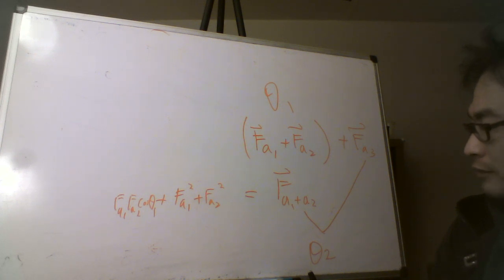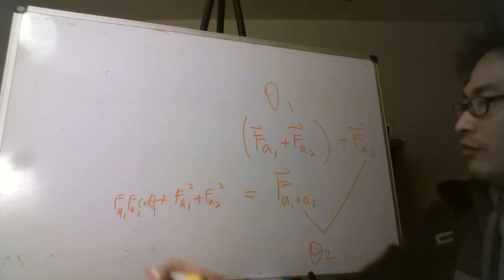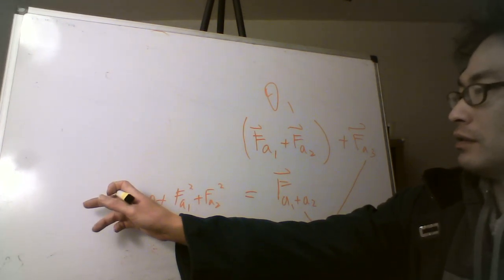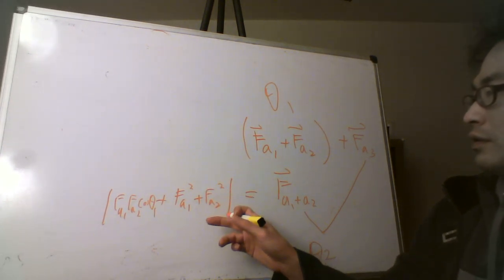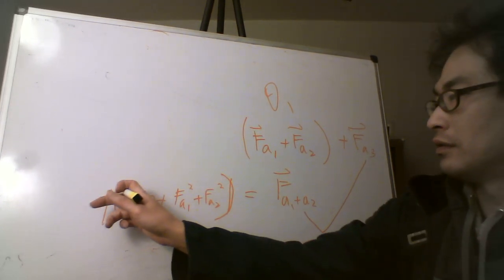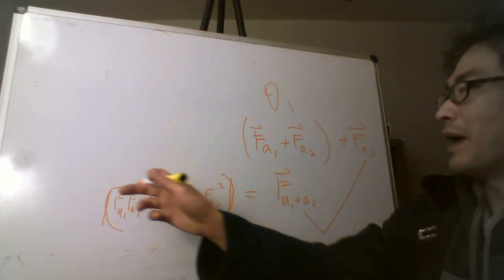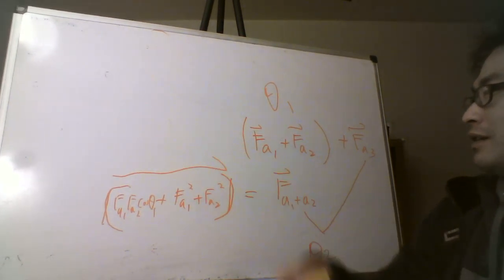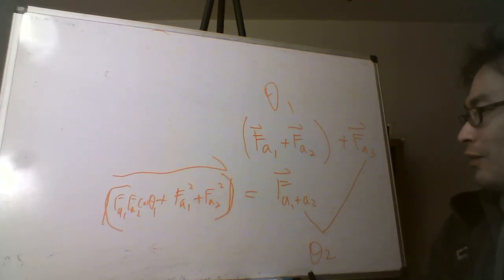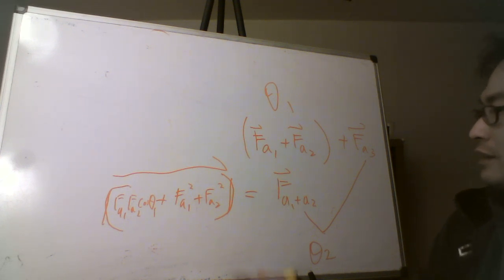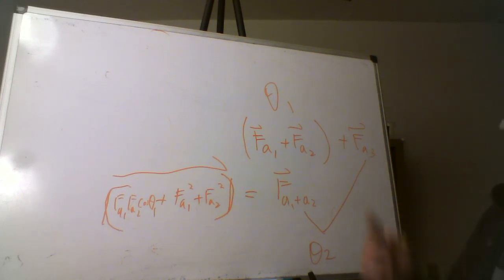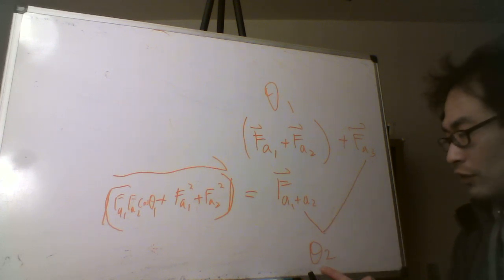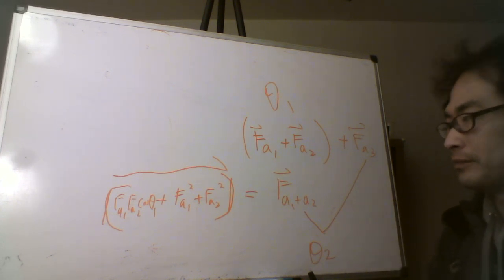So that's the magnitude, and it has some angle, okay? So it has some direction, so you put a vector hat over that, okay? And this vector and f of a3 vector have some angle between the two vectors. We call it theta 2, okay?